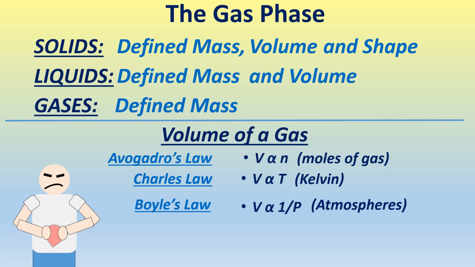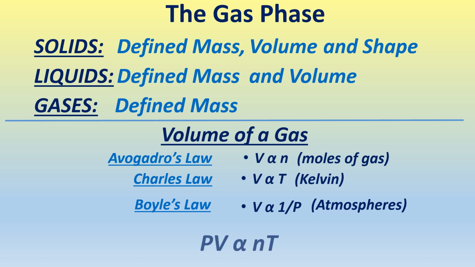So you have a direct relationship with the number of moles, a direct relationship between volume and temperature, and an inverse relationship with pressure, or in other words, pressure times volume is directly related to moles times temperature.